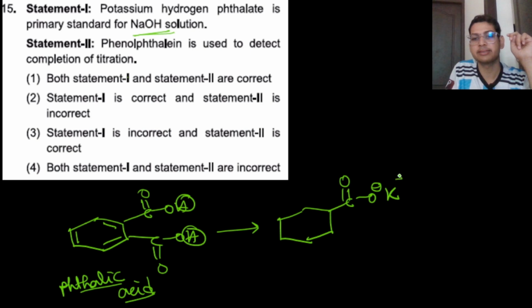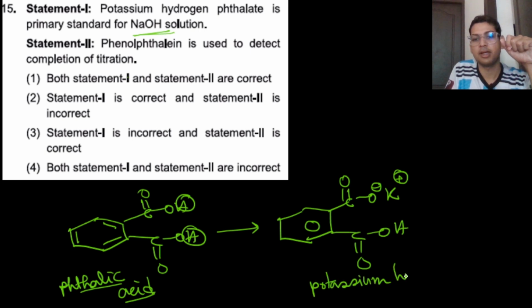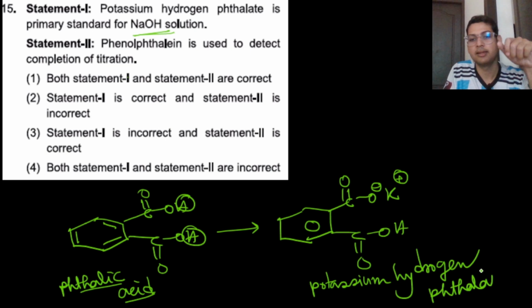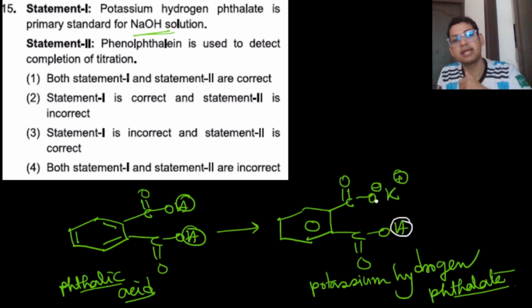So suppose like this, and it is intact. So this is called potassium hydrogen phthalate. And this is indeed a primary standard for NaOH, because you see this hydrogen can be replaced by this sodium.